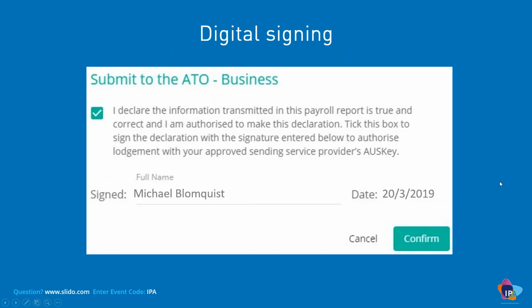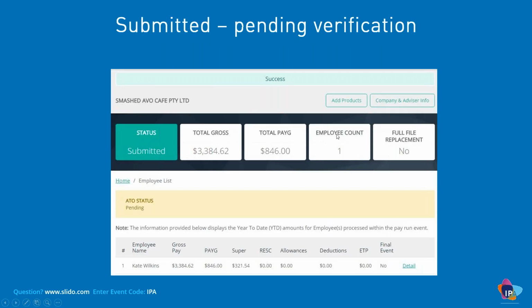Now, when you do, the first step they'll ask you to do is go through your digital signing, and then when it's submitted, you'll get this status message appearing. It says pending. What that actually means is, look, the ATO has received your submission.